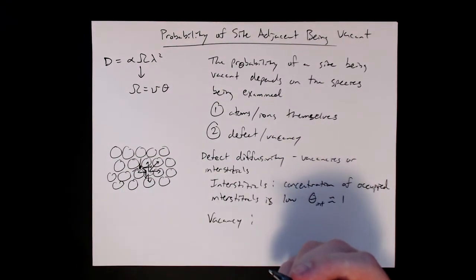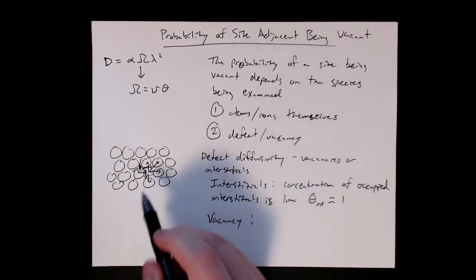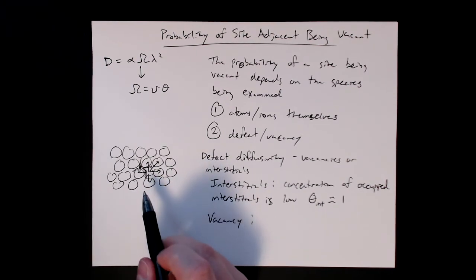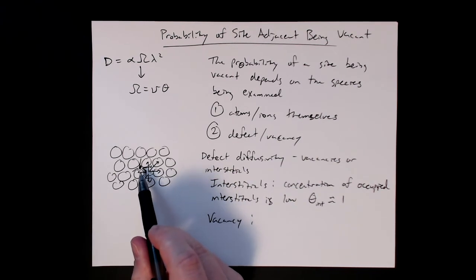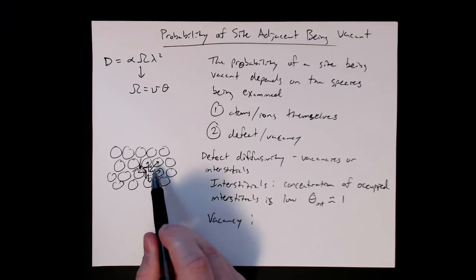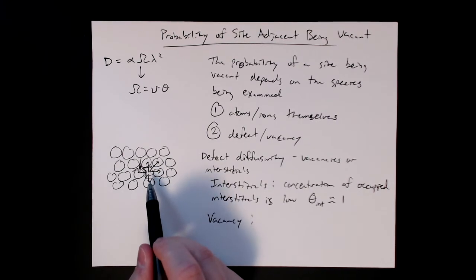I haven't exactly drawn a good structure there, but any adjacent one. And again, since there tends to be a low amount of vacancies, the probability of any of these sites being an atom that can switch places and not another vacancy is pretty high.